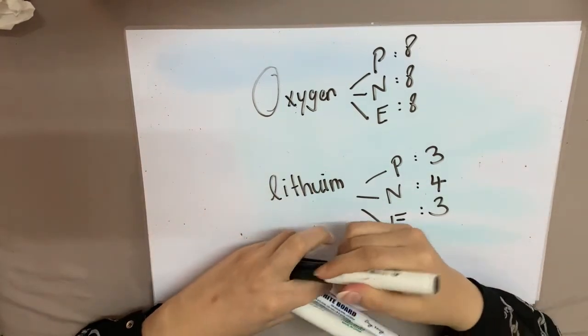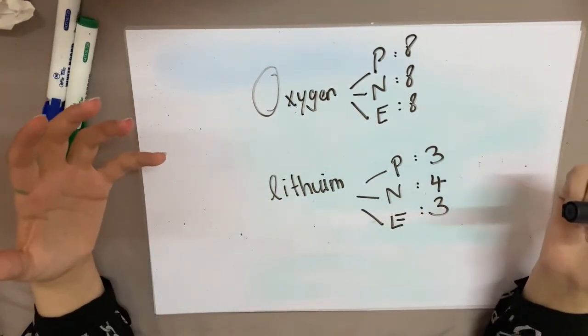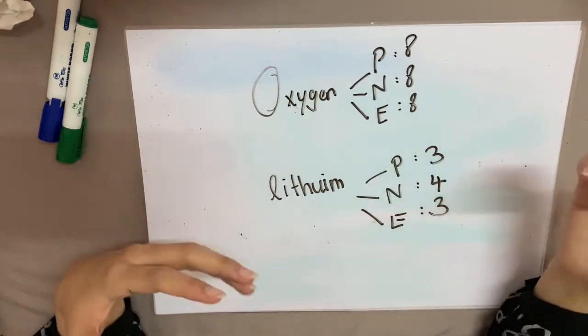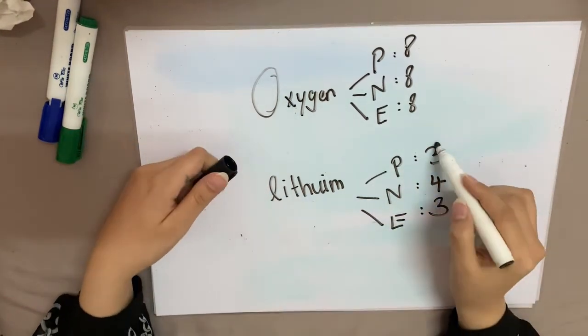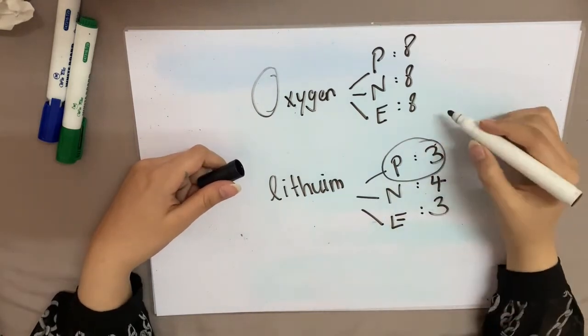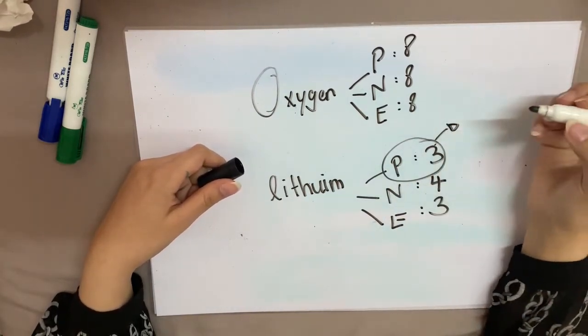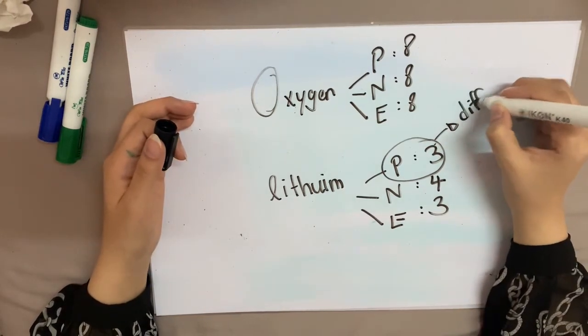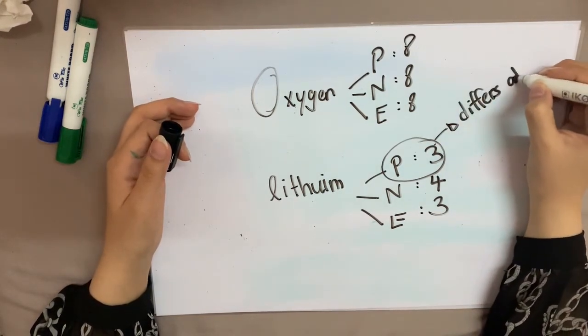Okay, so what makes things different? What characterizes the properties of an atom? The number of protons. We can say it differs atoms' properties.